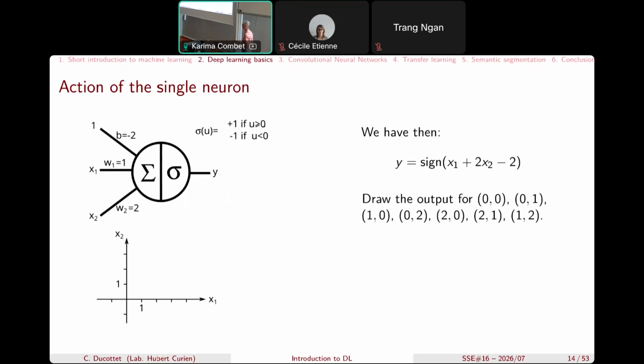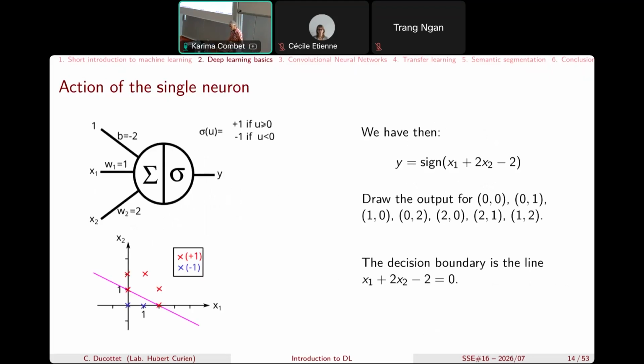So basically, what can we do with a single neuron? If we, for example, choose an activation function which is a binary function with only +1 and -1 values, and if I take W1 equal 1, W2 equal 2, and the bias equal -2, in fact, the output of the neuron will be simply the sign of this equation.